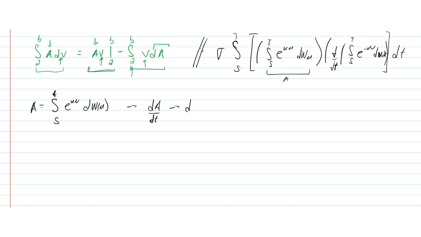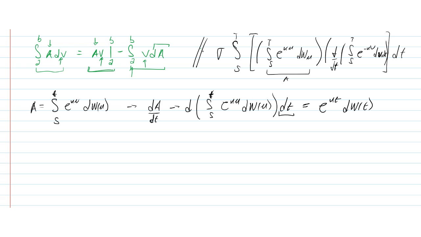So we can actually have this. We're actually going to have d of the integral of e^{ku} dW_u over dt, and then this will be just e^{kt} dW_t, right? It's just because I'm making the differential with respect to the integration limits.